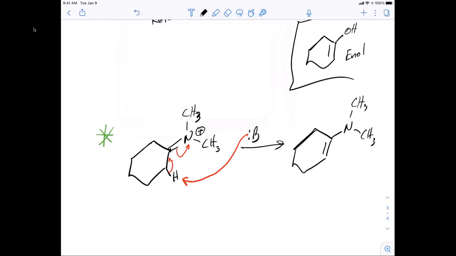So the last step in a secondary is that we're going to end up with this species. Question about this one?